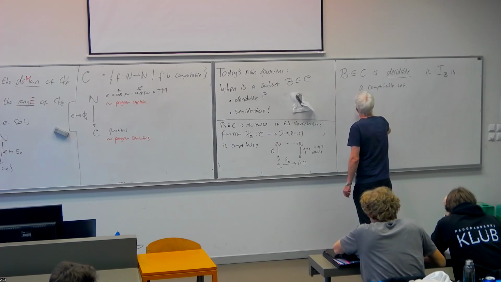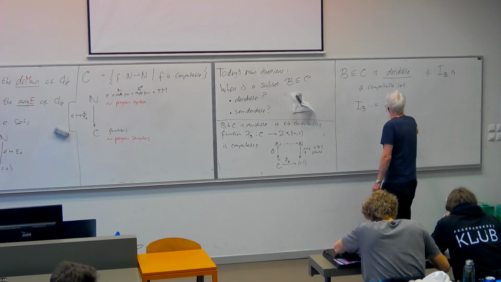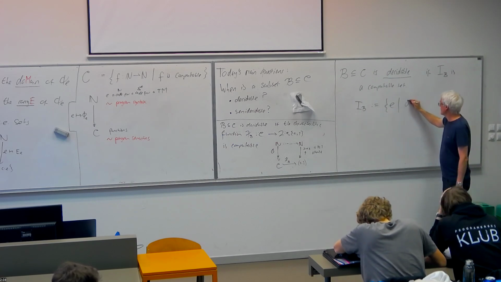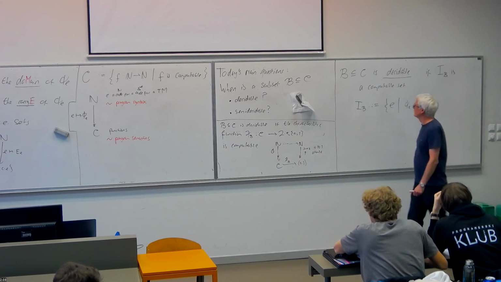Where I sub B is the set of all indices for functions in B, those indices e, numbers that represent functions in B.